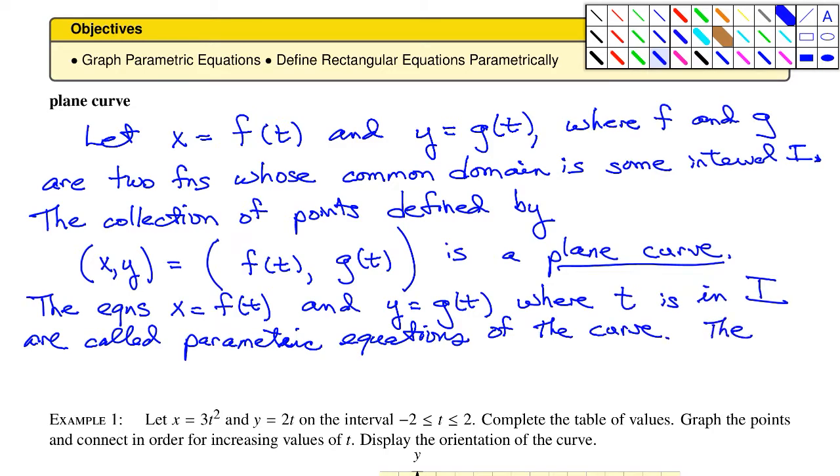Finally, the variable t is called the parameter.